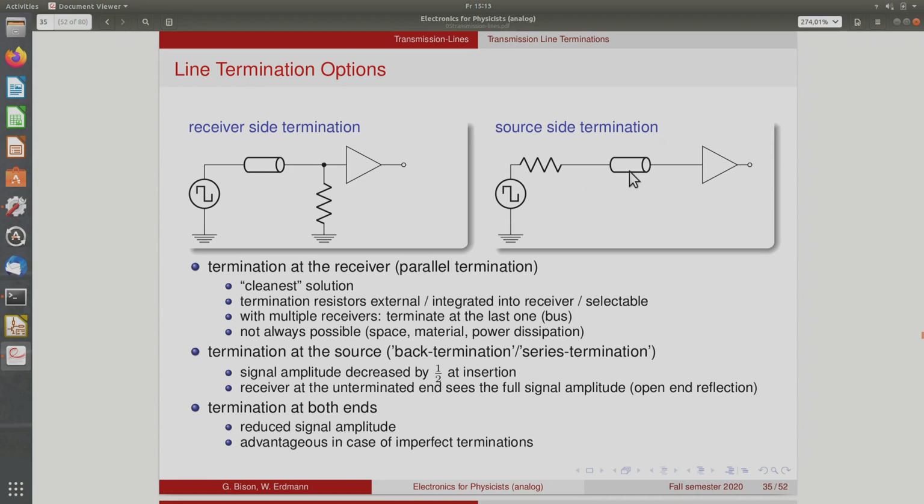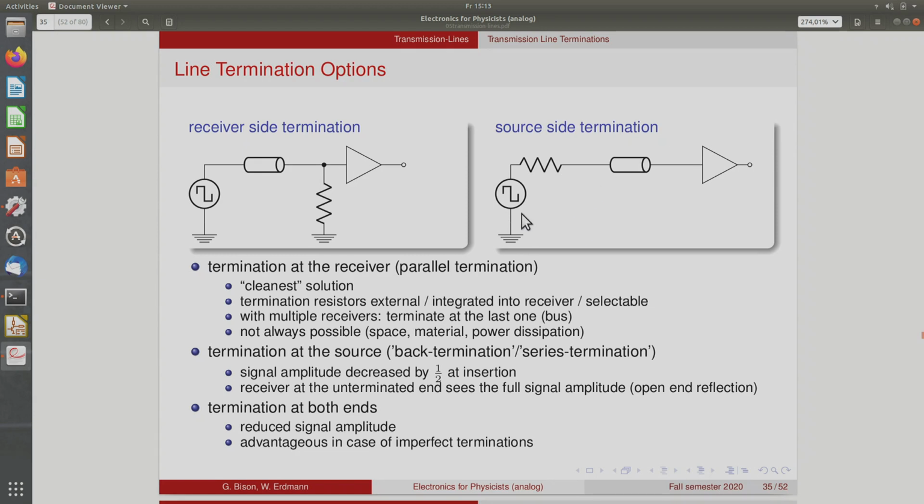So on the cable, you only see half the initial amplitude that you would have without this resistor. However, when you have no termination at this point, we know that from the reflection at the open or at the free end, you have a doubling again of the amplitude. So the receiver will actually see the original amplitude. So it doesn't make a difference. So you can also do it this way.